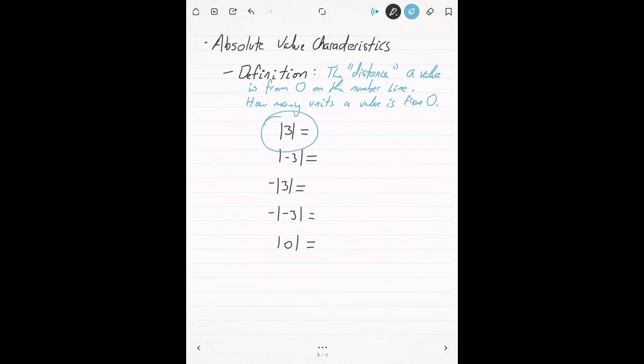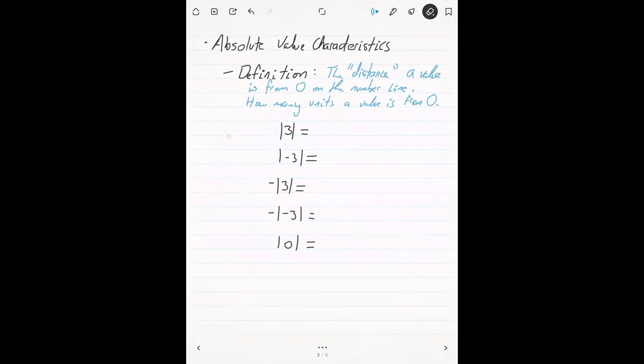In this first example, I'm going to remind you that these vertical lines are the absolute value bars. If I take the absolute value of a number, I wrap it in these vertical lines that go around the number.